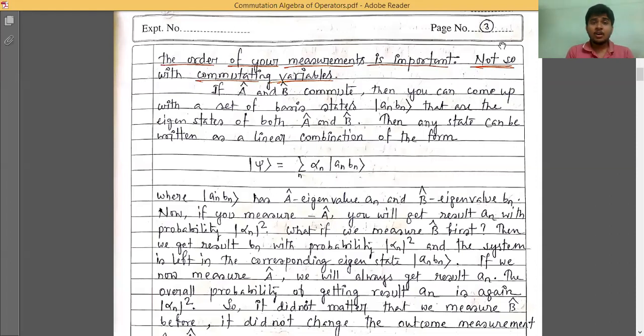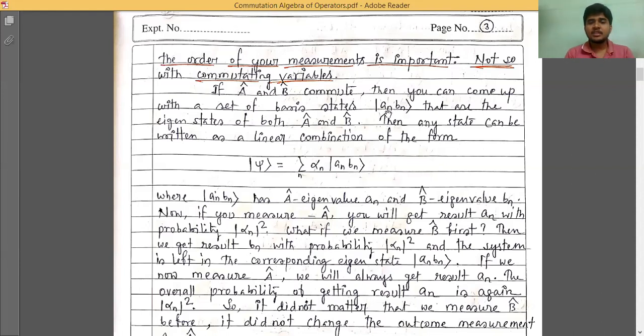That means the order of our measurement is very important, whether we measure the A operator first or the B operator first. But for commuting variables, there is no problem, whether you measure with the A operator or the B operator first. Now let's take this. If A and B commute, then you can come up with a set of basis states.